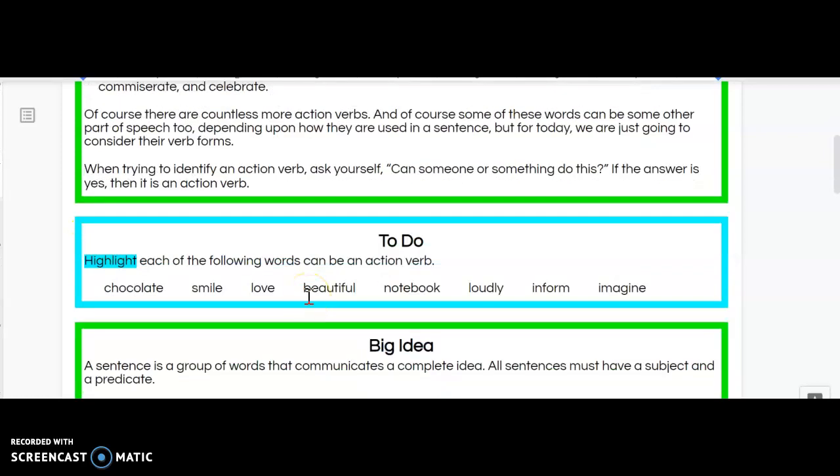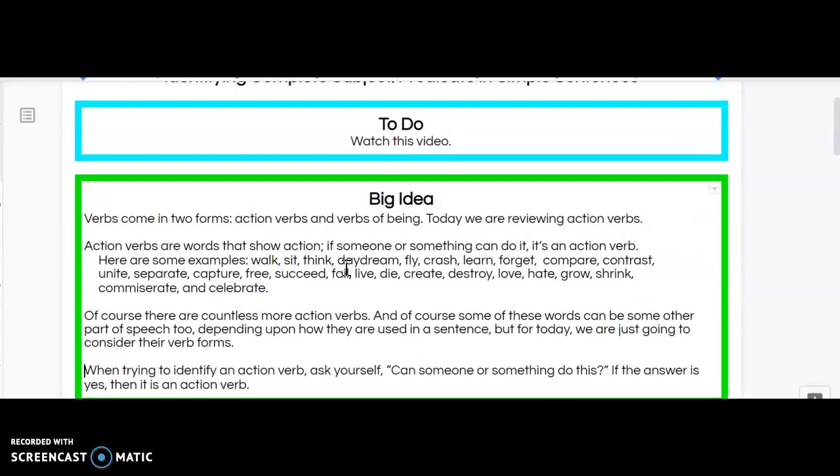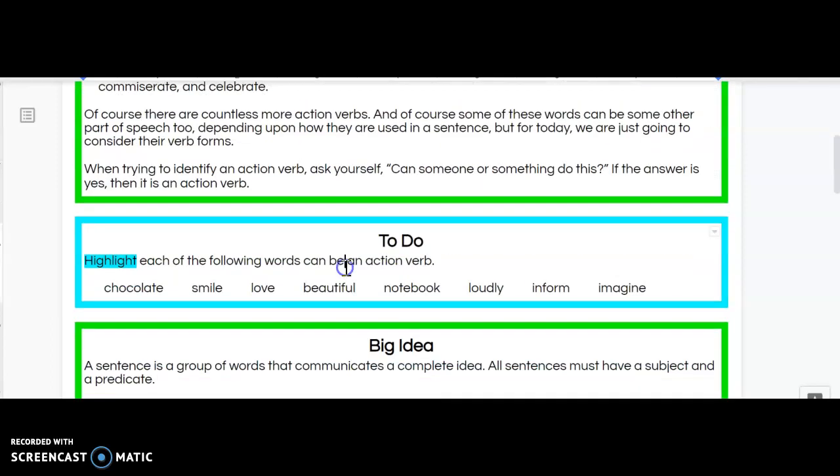So let's look at these words here. The blue box, to-do box, this is where our work is. Green box is for learning, blue box is for practicing. All right, so the directions here say, highlight each of the following words that can be used as an action verb.